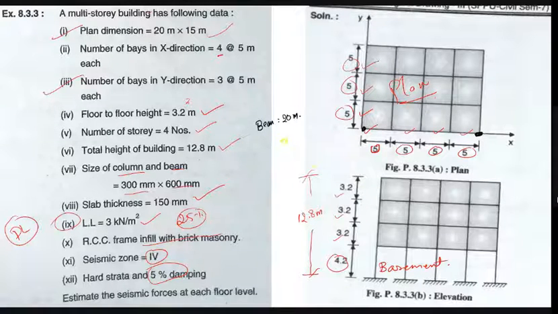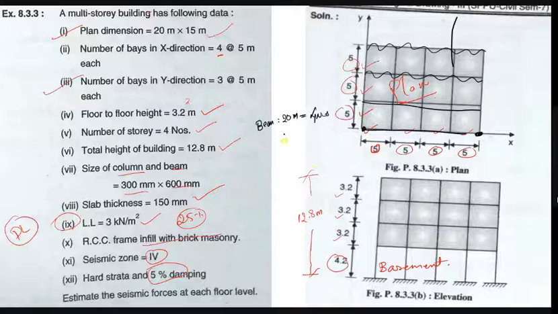Therefore, how many beams are there? 1, 2, 3, 4. Four beams are there.